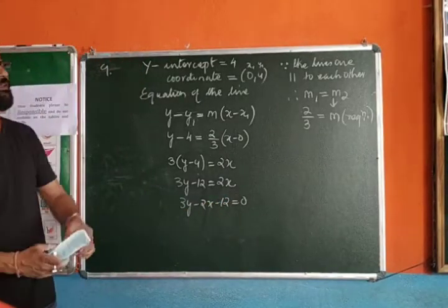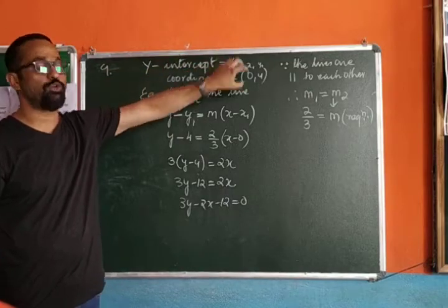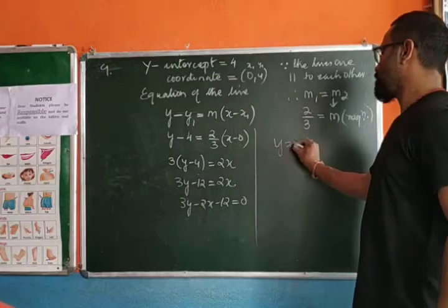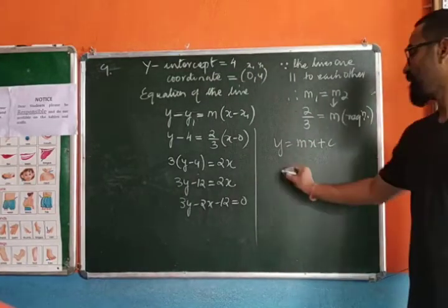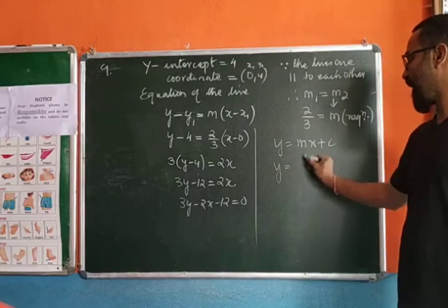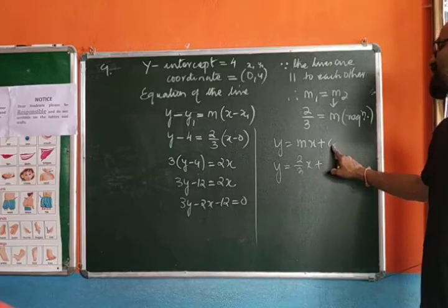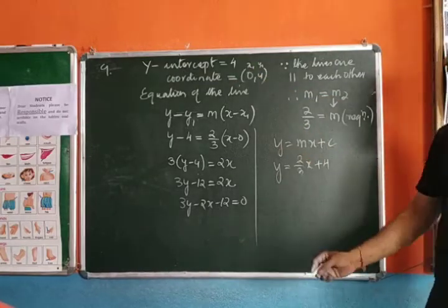This is the equation of the line parallel to the given line with y-intercept 4. Or you could do it like this. y is equal to mx plus c. You can use this formula also. y is equal to the required slope, 2 by 3, x plus c, where c stands for the y-intercept, 4. You can simplify this.